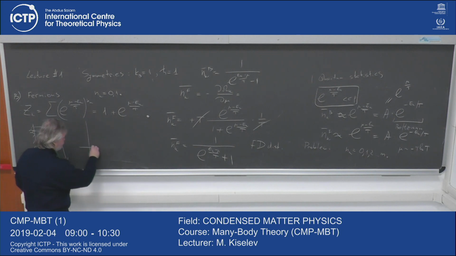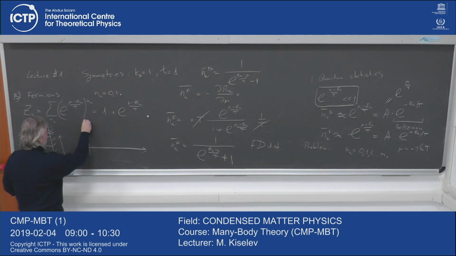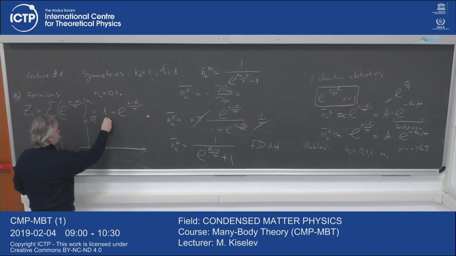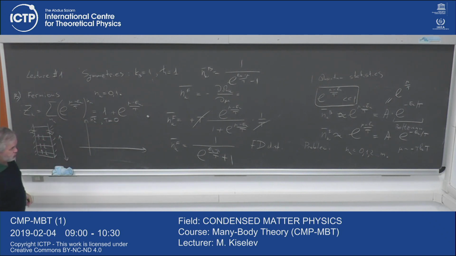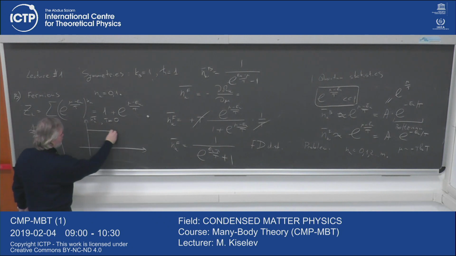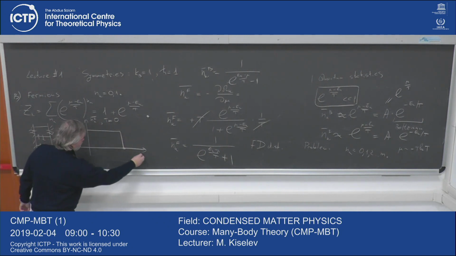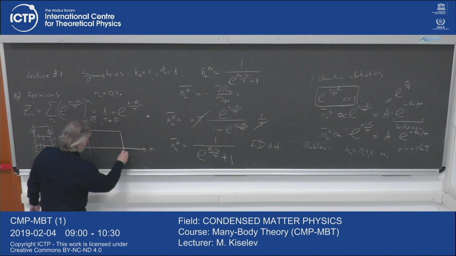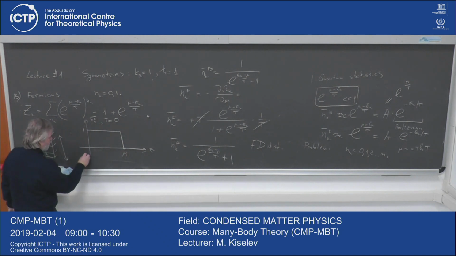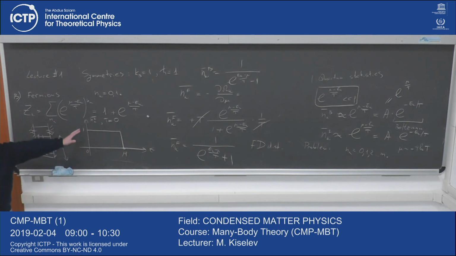If we plot the average Fermi distribution function at zero temperature, this is energy, this is mu, this is 1, this is 0. This is a step. This is the Fermi distribution function.